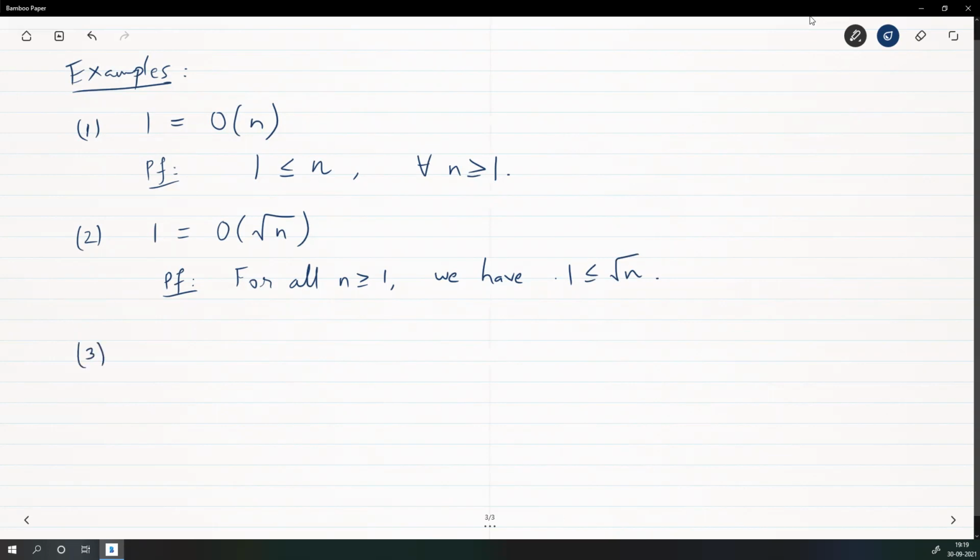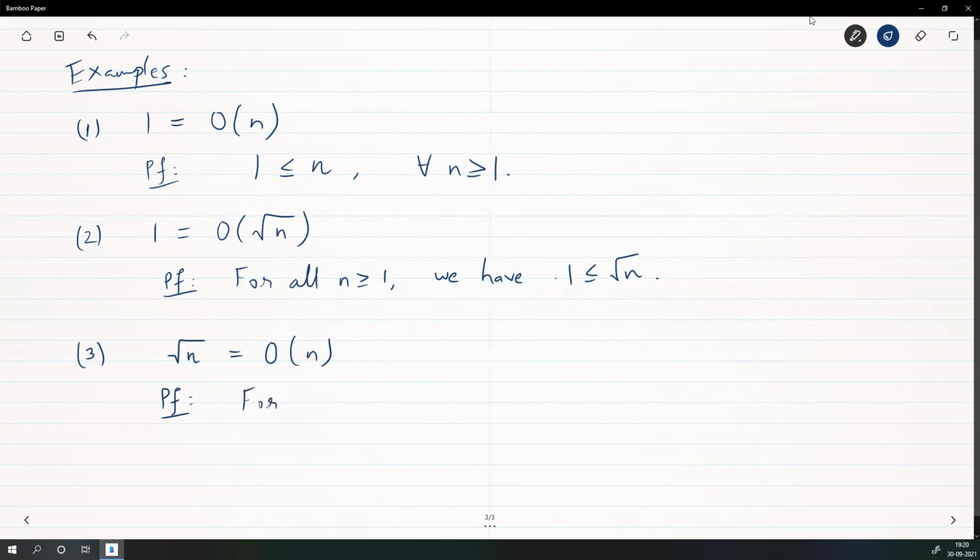Third, let's consider slightly more complicated functions. Let me say square root n is in fact big O of n. Do you see why? Can we give a small proof?